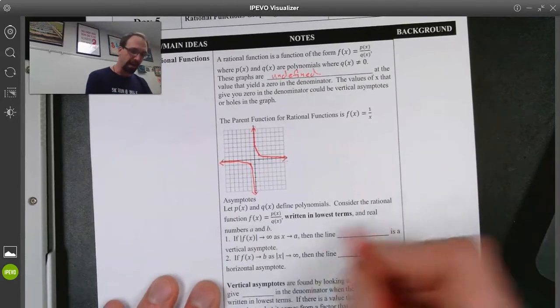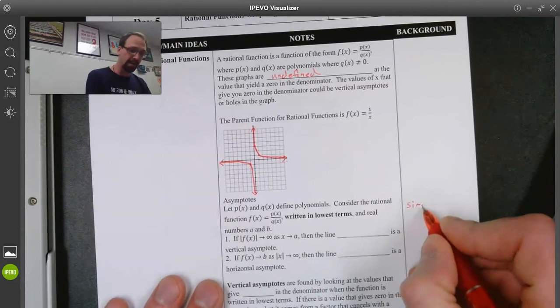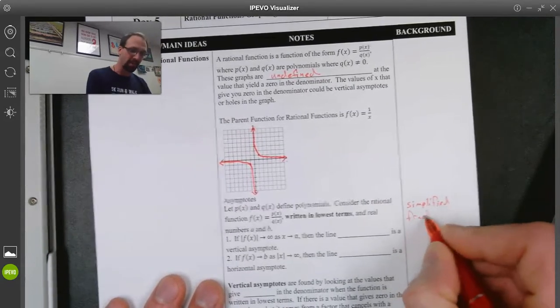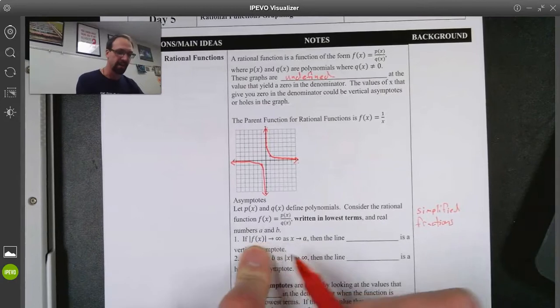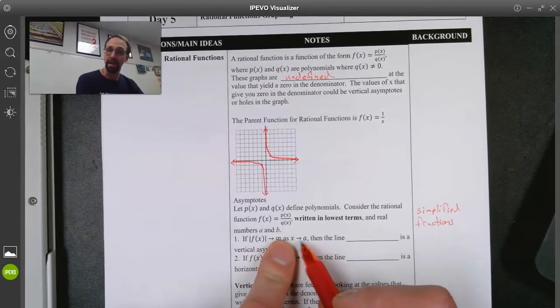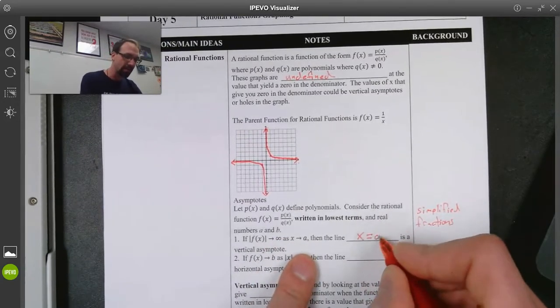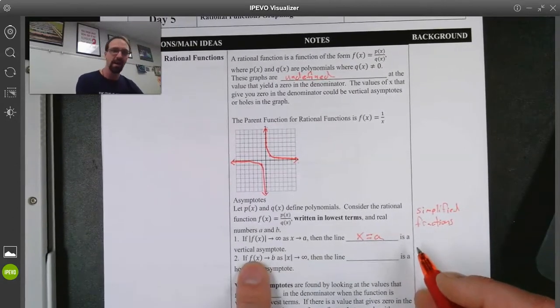That means we have reduced and simplified the fractions as much as possible. If the absolute value of f of x approaches infinity as your x value approaches some number a, then x equals a is a vertical asymptote. Remember, x equals are vertical lines.